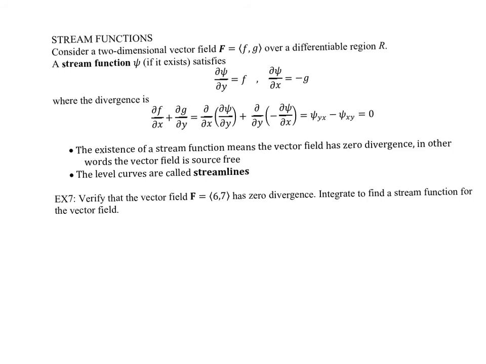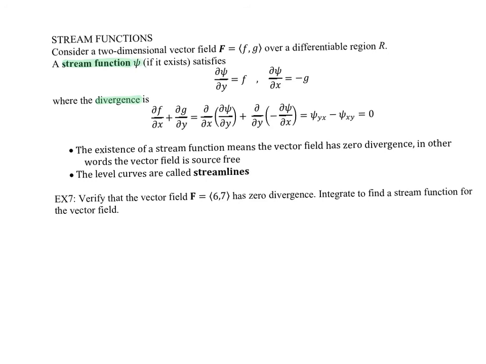So recall from our previous section when we talked about potential function phi, if we had a vector field that was conservative, then this potential function would exist, where the vector field would be the gradient vector field of this potential function phi. Well, now that we can compute divergence, if our divergence is equal to 0, that means there's a stream function that's going to exist, and this stream function is called psi.